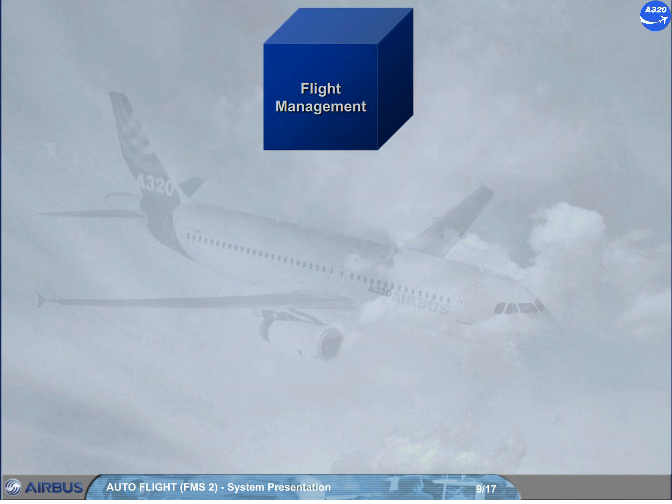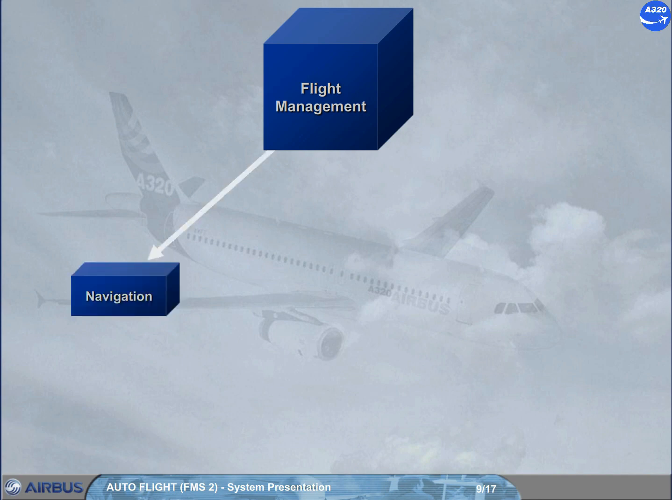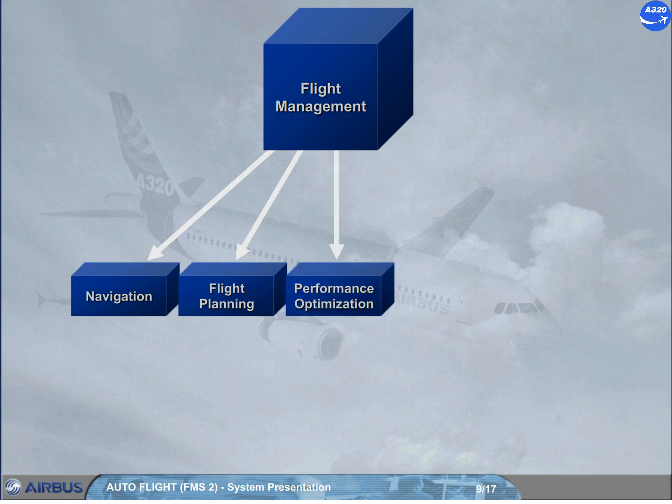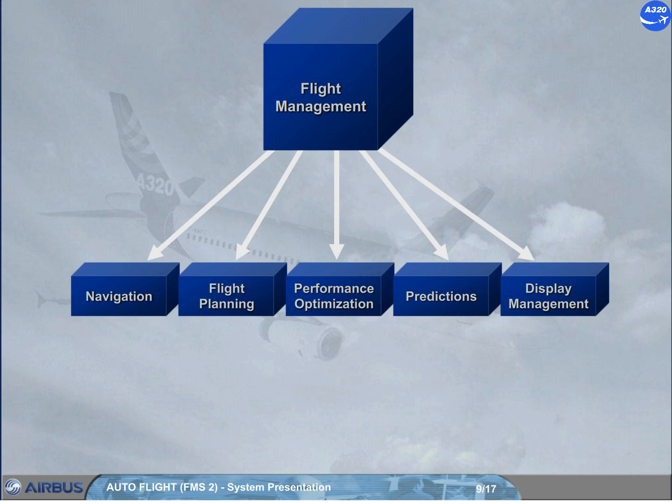The flight management part controls the following functions: navigation, the position of the aircraft and the estimated accuracy of this position; flight planning, the flight plan computation; performance optimization, costs, speeds, and altitude optimization; predictions, the accurate estimates for waypoints, altitudes, speeds, fuel, destinations, and alternates; display management, the control of information to the EFIS system to display auto-flight modes and navigation information.